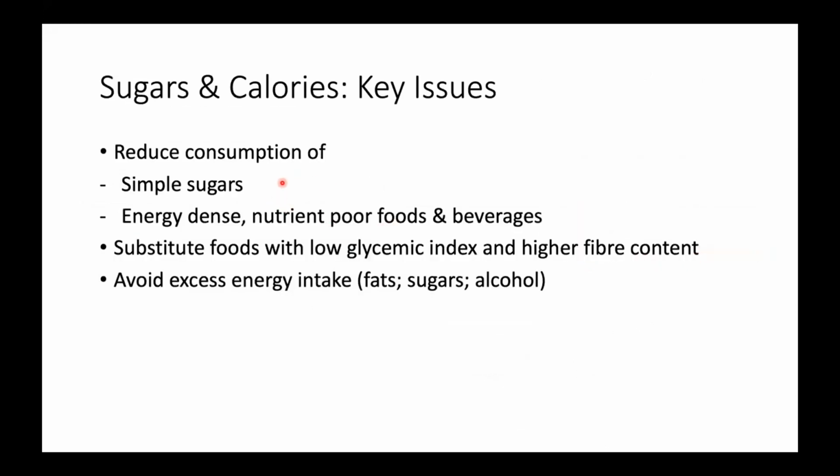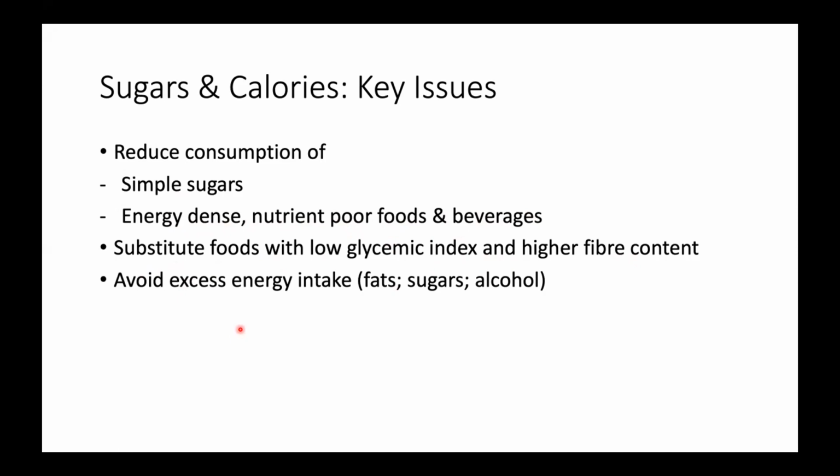So what should we do? We should reduce the consumption of simple sugars because they are energy dense, and there are some foods which are energy dense and nutrient poor, such as sugary beverages and all the colas. We should be substituting these high glycemic foods with low glycemic index and high fiber content foods.